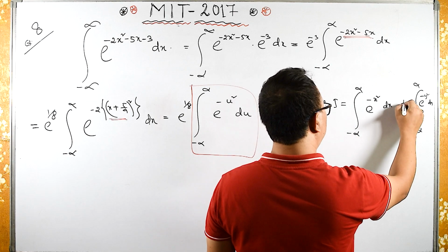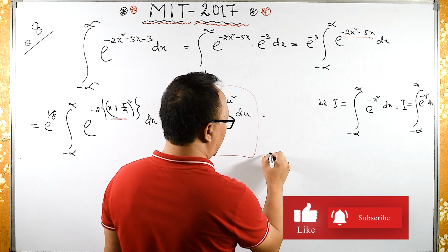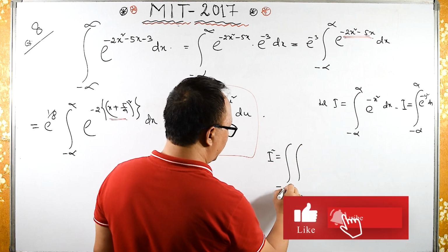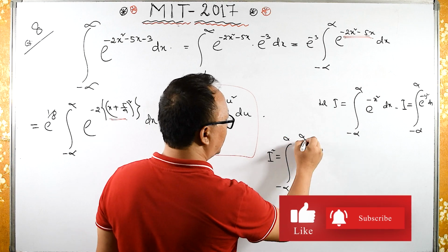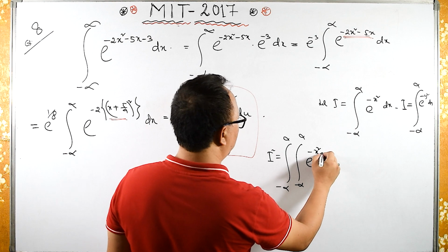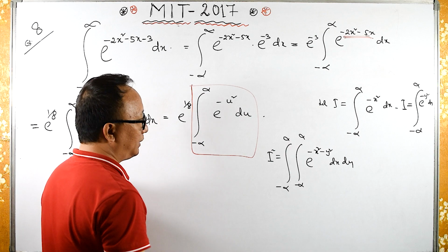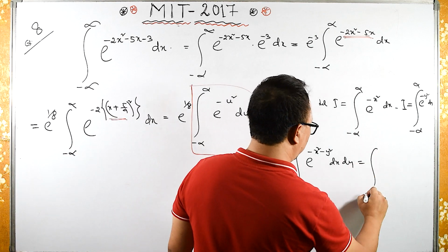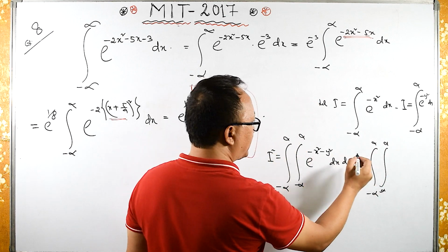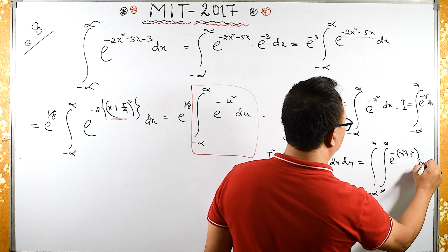So I can consider this also as I. If I multiply these two, I into I, I get I square equals the double integral from minus infinity to infinity of e raised to minus x square minus y square into dx dy, which is e raised to minus of x square plus y square, dx dy.